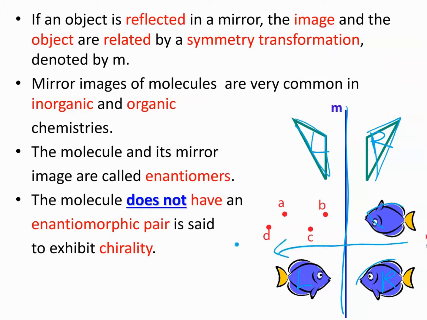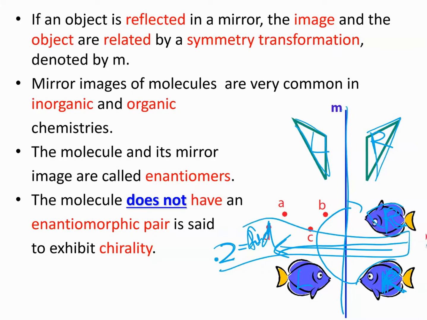If here we have one two-fold rotation, then this fish will rotate to here. So if this is the right hand, then this will also be the right hand, because this is a two-fold rotation. So when we involve the rotation, the handedness of the original one, R, will also be R, the same handedness.